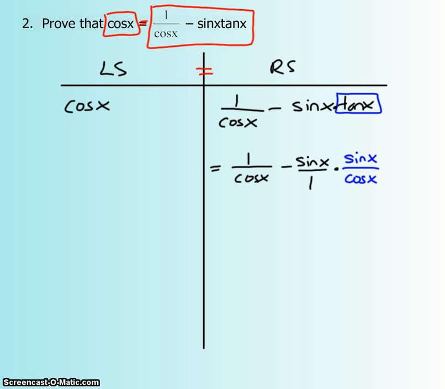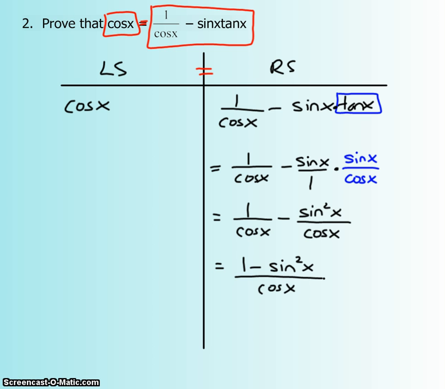Now there's a 1 under here, which means that when I multiply the fractions, I'm going to get sine times sine, which is sine squared x. 1 times cos, which is just cos. And then to subtract them, they have the same denominator, so why not just write them underneath as 1 cos.